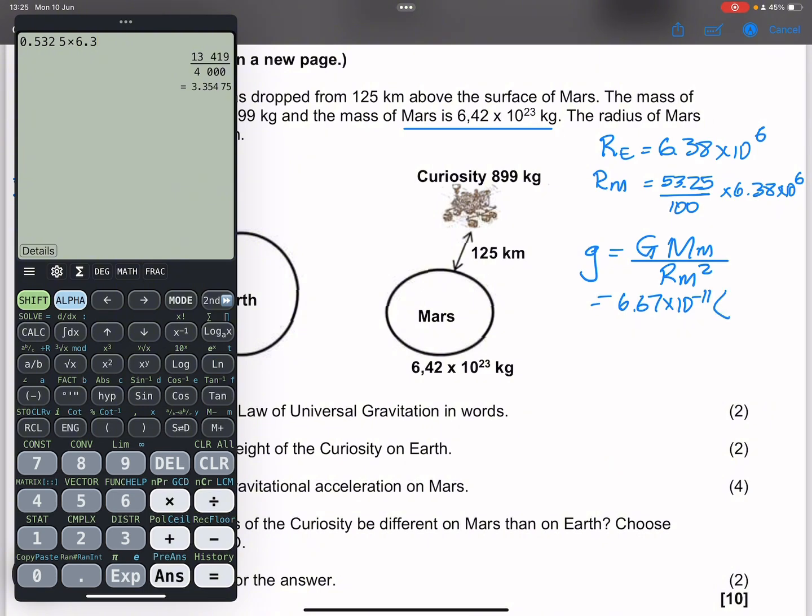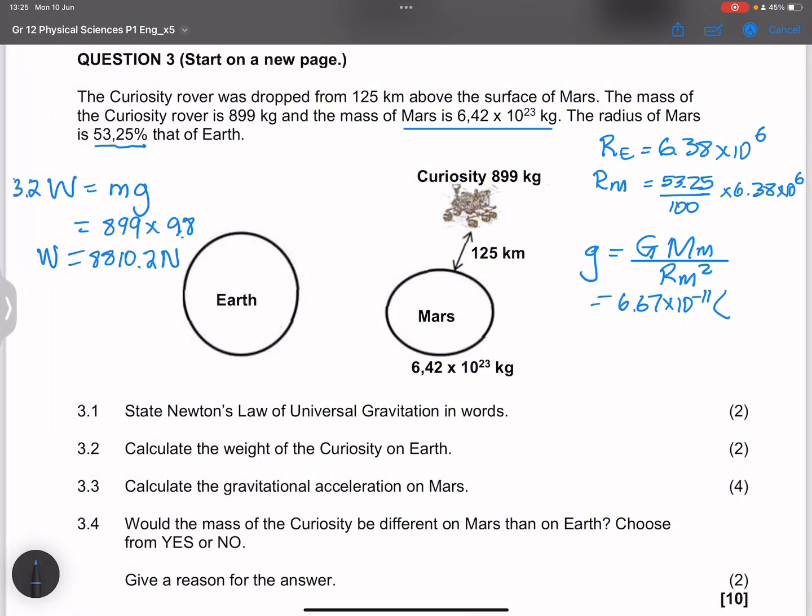We know the mass of Mars, that's 6.42 times 10 exponent 23. That's divided by 0.5325 times 6.38 times 10 exponent 6. Remember, that is squared.